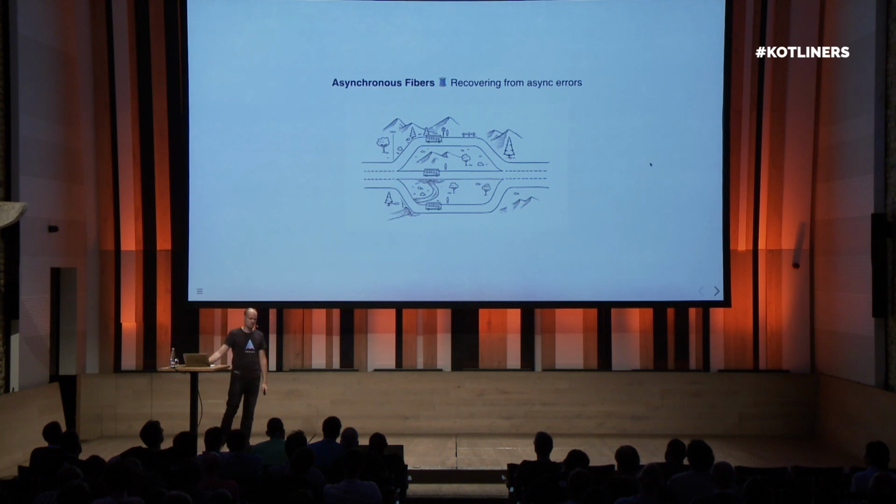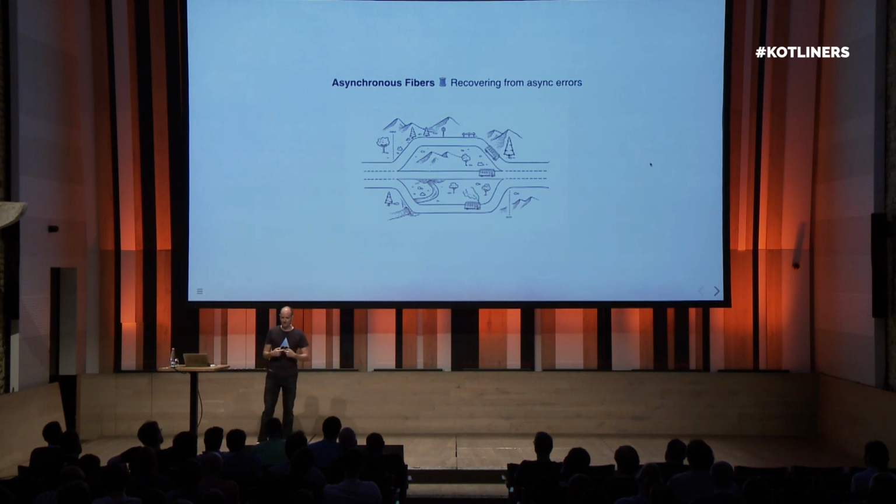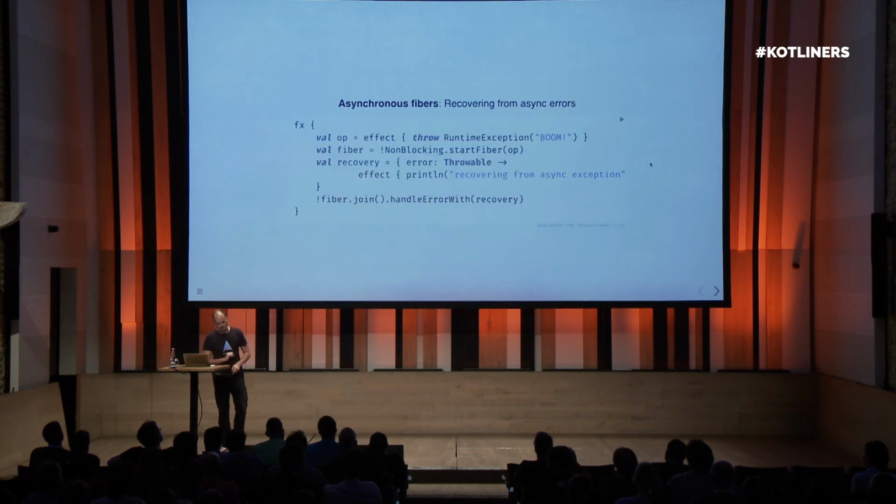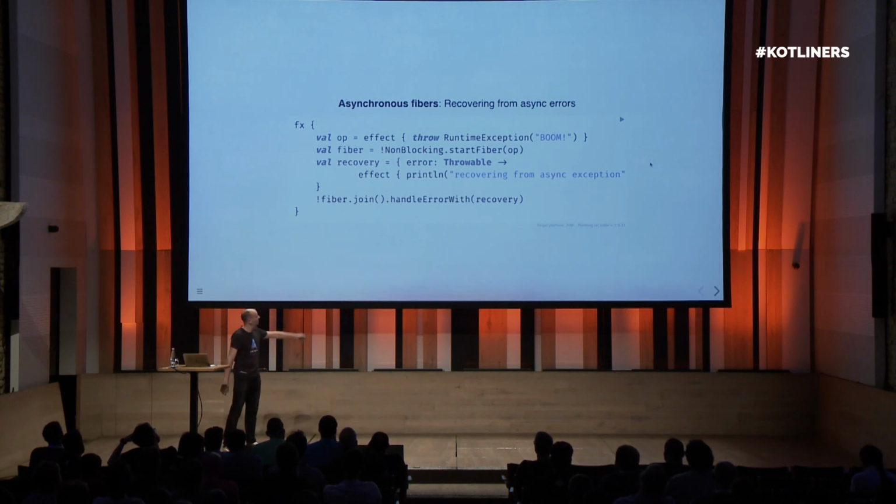Cool, but what happens when you get one of those computations failing? Since you're waiting for all of those to complete, if one of them fails, you should consider the whole operation failed, right? No problem, you can still use the same start fiber smart constructor, we could say, to spawn the fiber, to fork the execution flow.